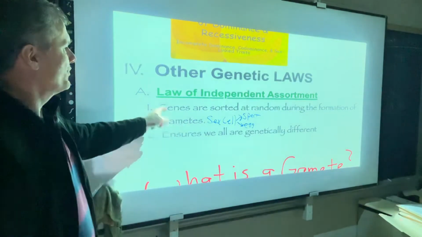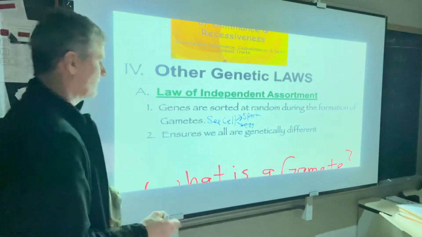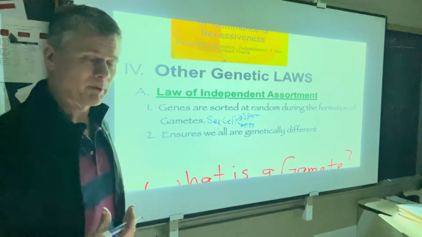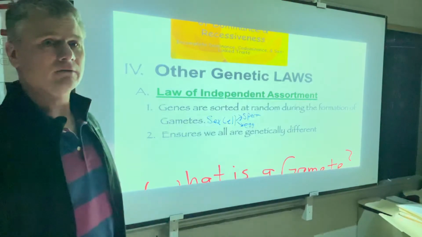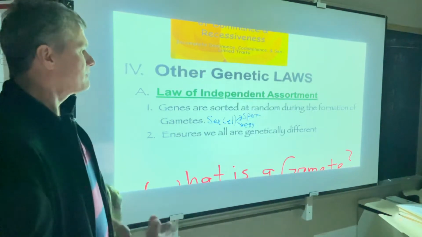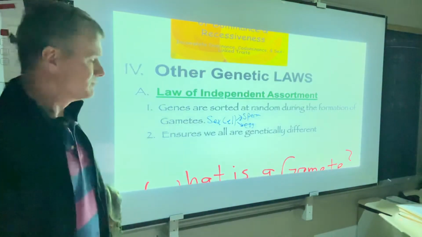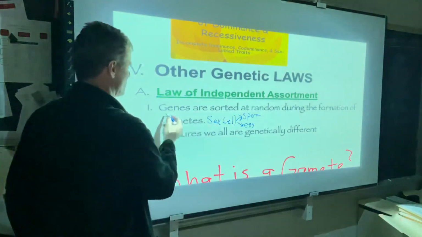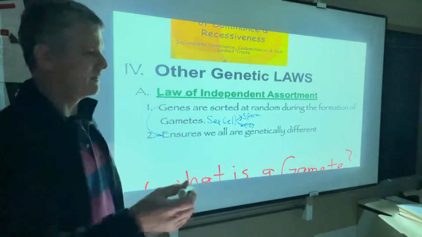And the cool thing about this law here, I showed you a picture of the Jonas Brothers, the picture of me, myself and my son Eli when we were in kindergarten, and some of the other actors. Even though we look the same, you know, we're similar, just because of this law of independent assortment, it ensures that we are genetically different.